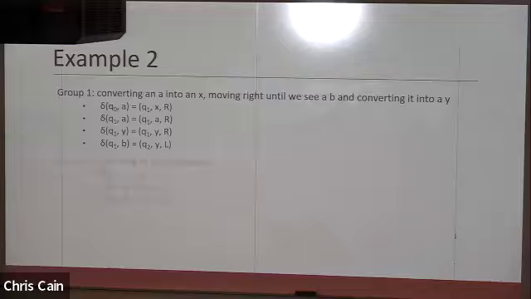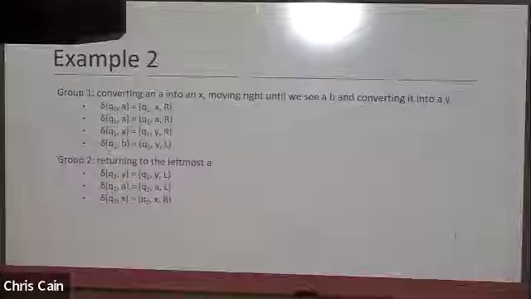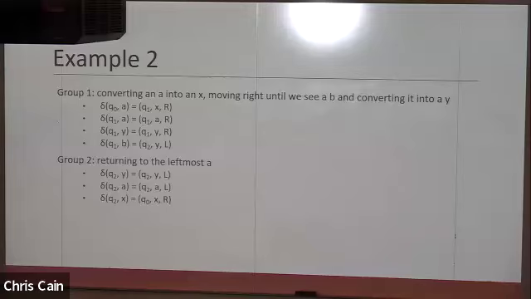Group 2's transitions, we said that was going to be returning to the leftmost A. So we need to skip over all of the B's we've seen before, which are our Y's, as we move back left. Then we need to skip over all of the A's we haven't yet seen until we reach an X. When we reach an X, that is the A that we've seen before, the first A that we've seen before, then we're going to do nothing, go right.